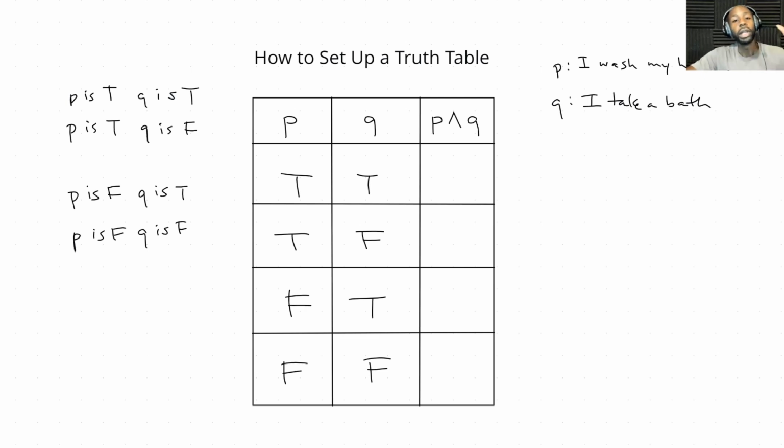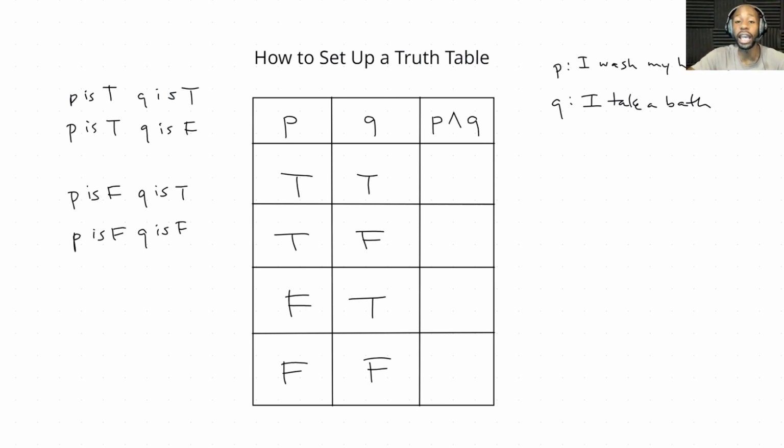Okay. So now that we've gotten that out of the way, now we can actually evaluate the and statement, the conjunction, P and Q. Remember, P and Q means both of these have to be true. The other one is P or Q, which means the first one has to be true or the second one has to be true for the whole thing to be true.